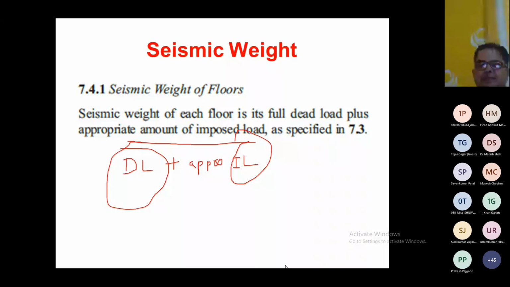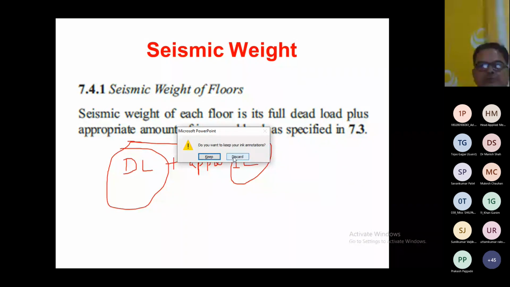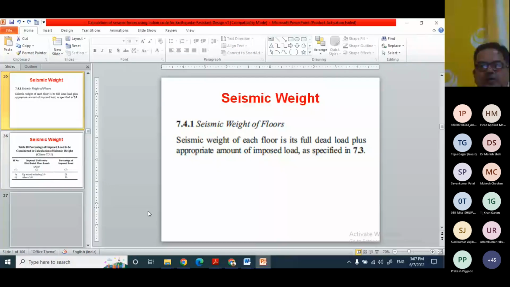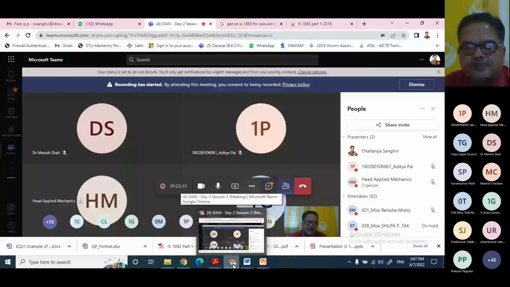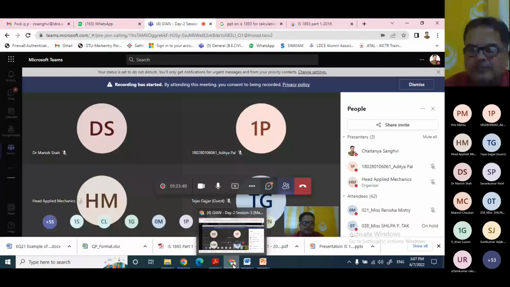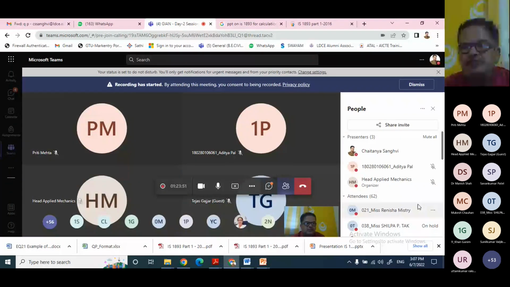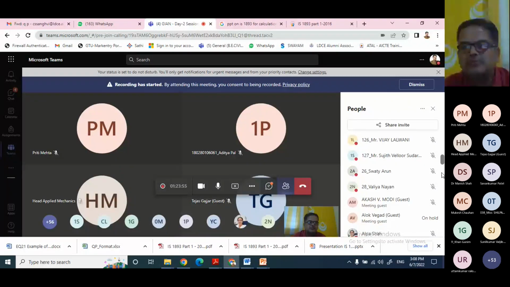Can anyone explain? Why are we not taking full live load or full imposed load? Anyone?